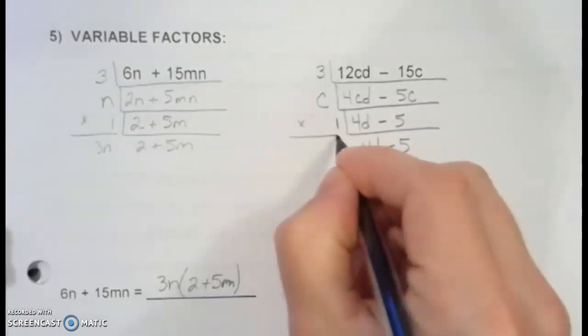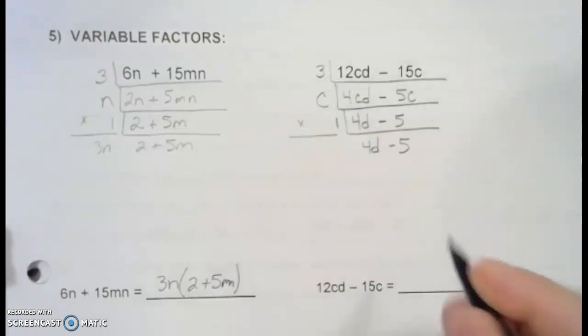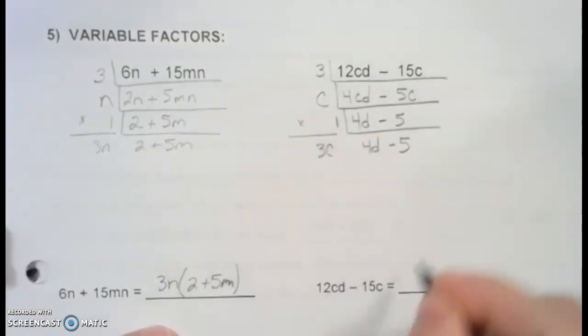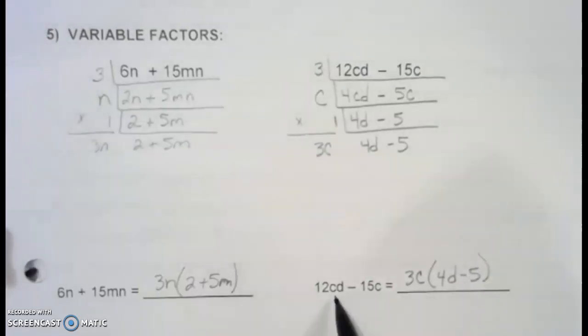And when we multiply for the GCF, 3 times c is 3c, times 1 is 3c. So that's our first factor, 3c. Our second factor is going to be what was left over, 4d minus 5. And now 12cd minus 15c in factored form is 3c times 4d minus 5.